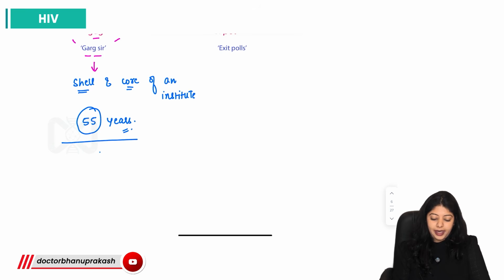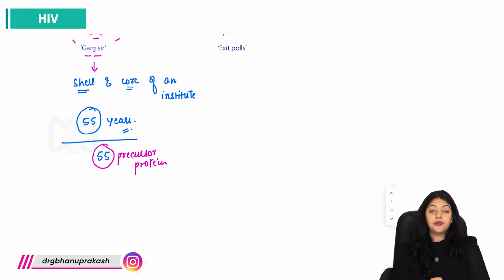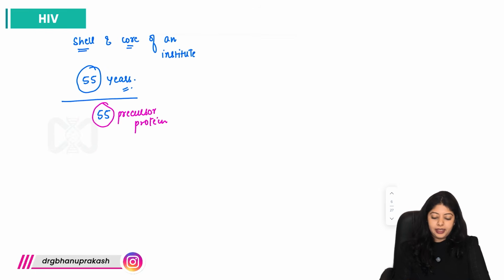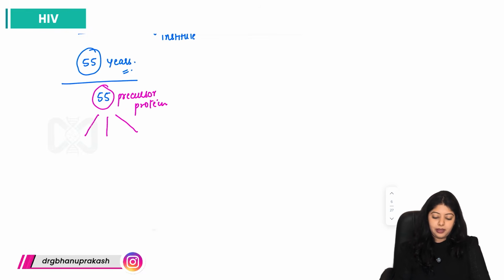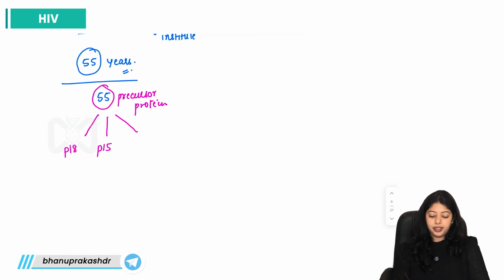So this GAG is present as a precursor protein. Initially it is 55 and then it divides into 3 parts: one is P18, the other one is P15 and the third is P24.